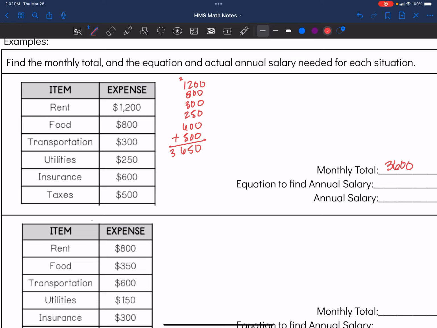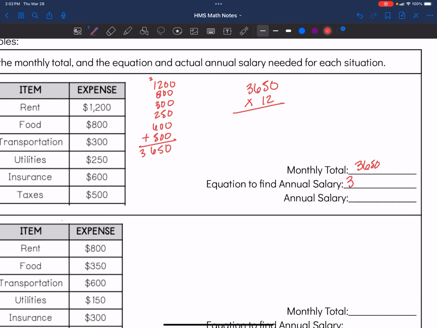So for me to figure out how much I would need to earn in a year, I would then have to multiply that, right, by 12, for each month. To figure out how much I would need for the year, because there are 12 months in a year, right? So let's multiply by 12, see what we get, right?